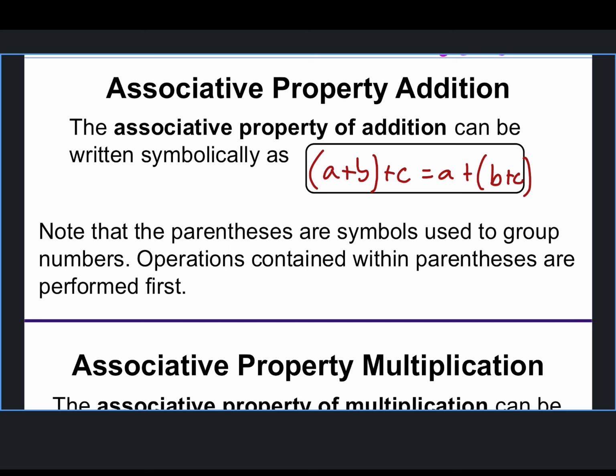And we're back. Okay, the associative property of multiplication. Very similar.